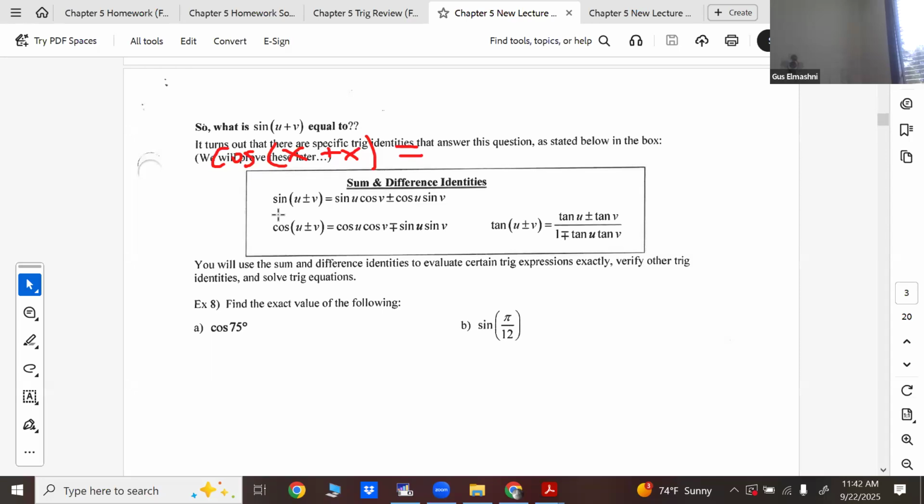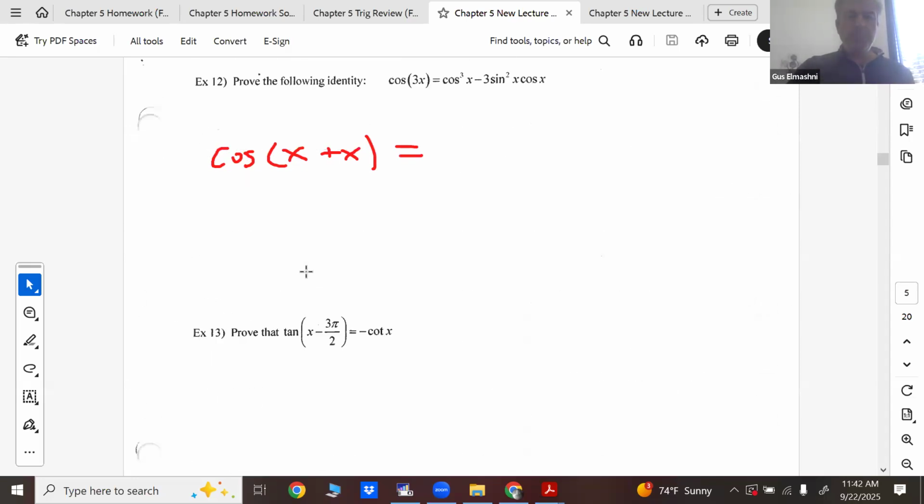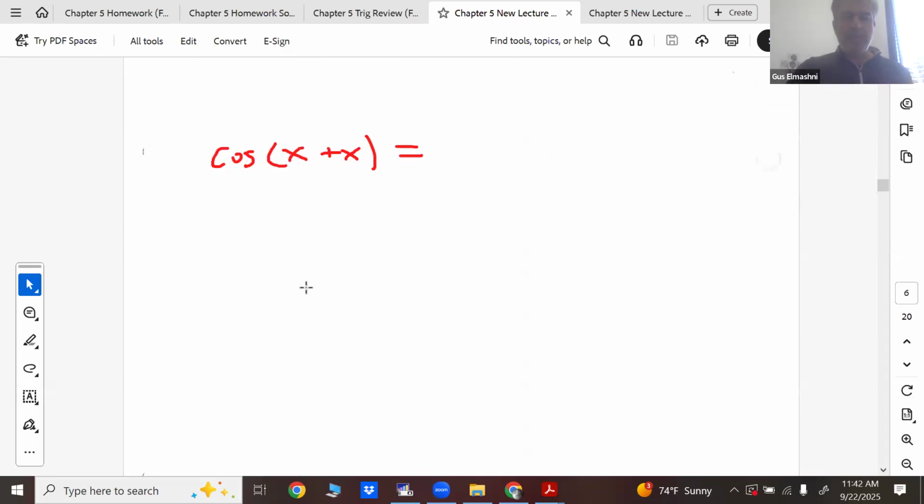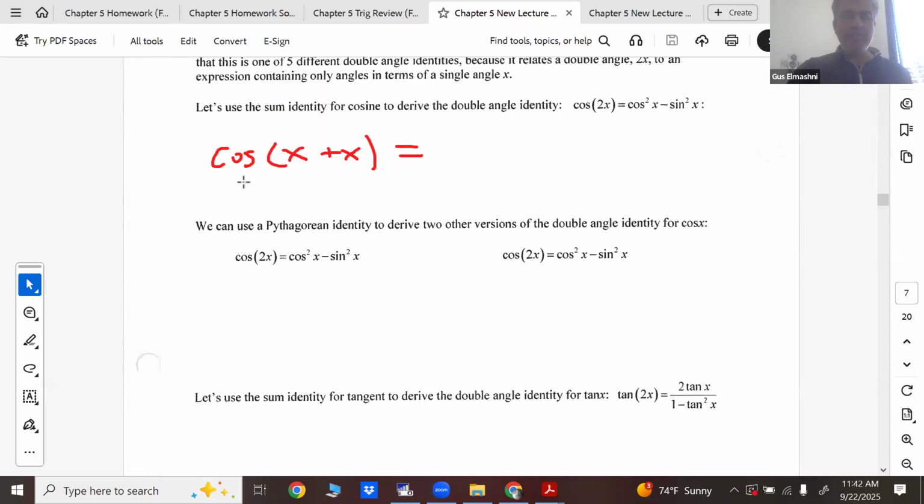So you have cos x, and what operation after that? Good. Minus sine x, sine x. So let's do it. It'll simplify. We're good. So if we do that, there'll be cos x times cos x minus sine x times sine x.